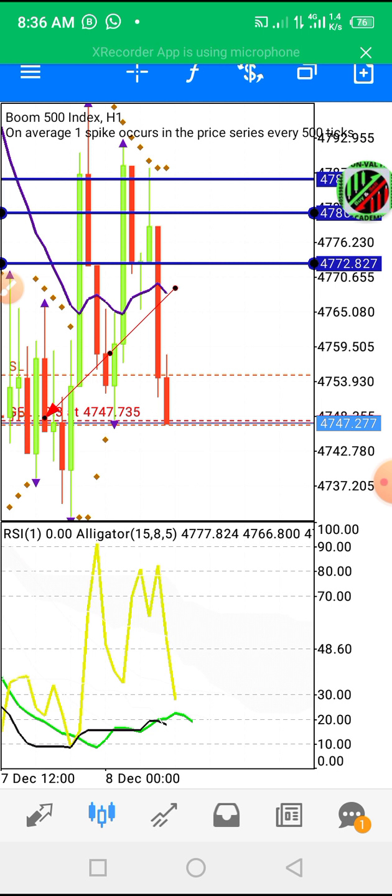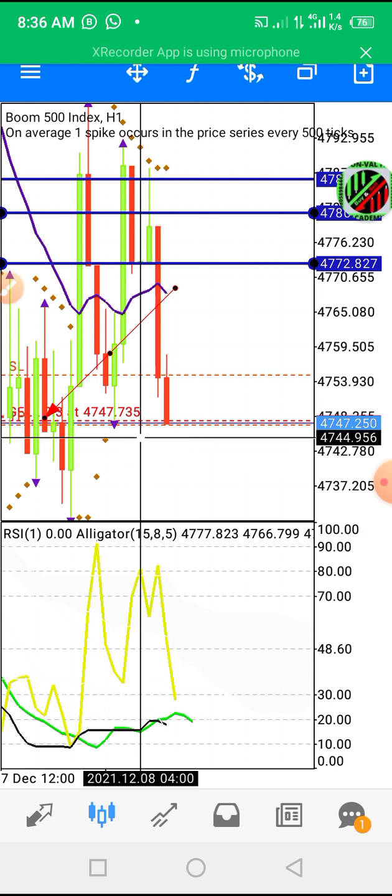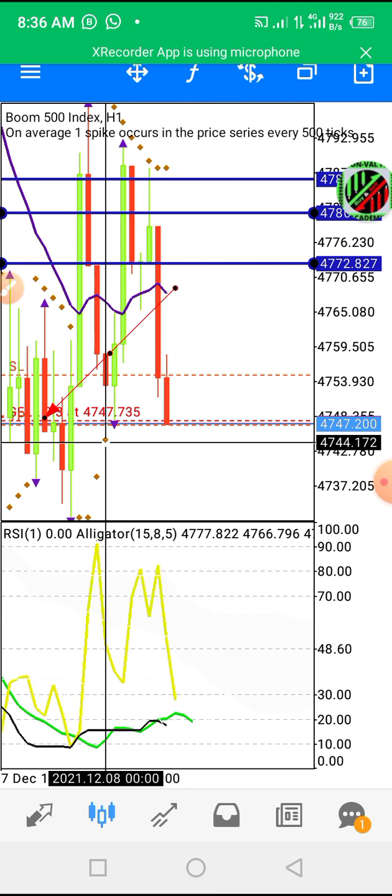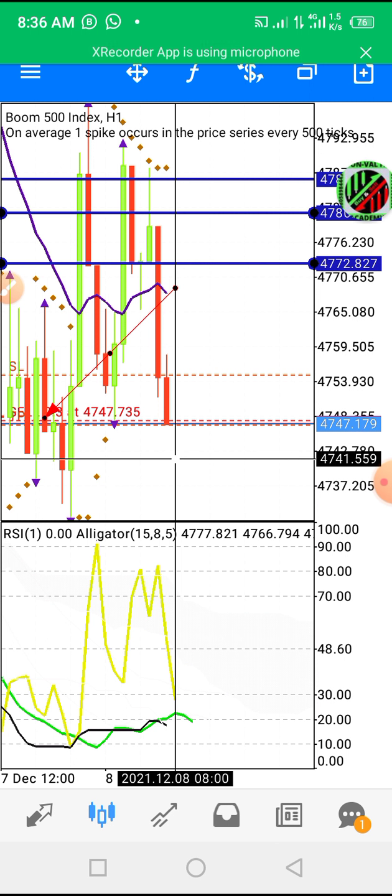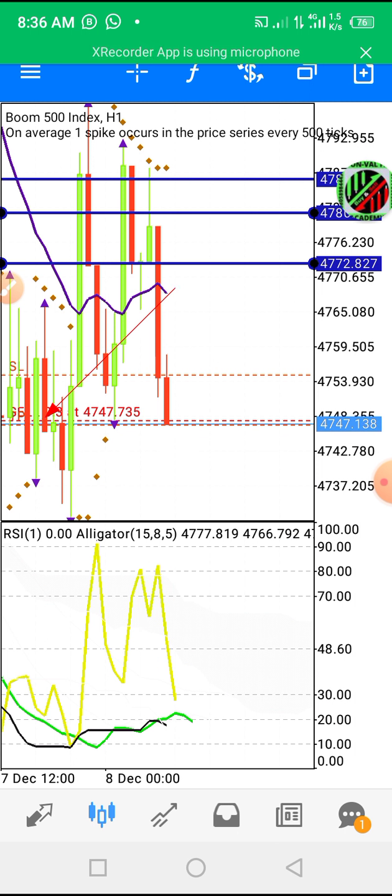So that is to say, you are expected to set the take profit on Boom below, in front of the price of the market. Remember, the price is pushing down currently. In your Boom, it is pushing down. You know, Boom pushes down.